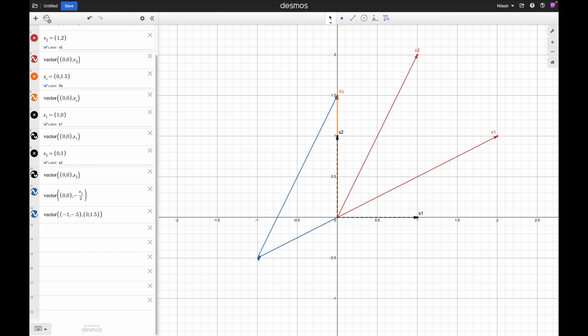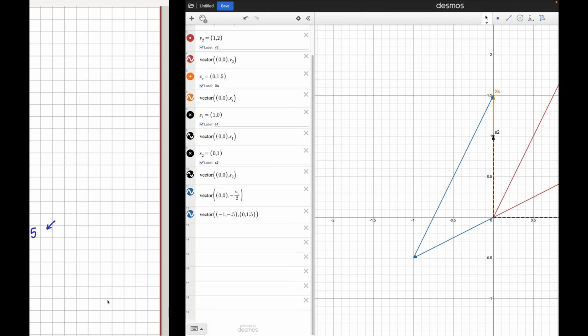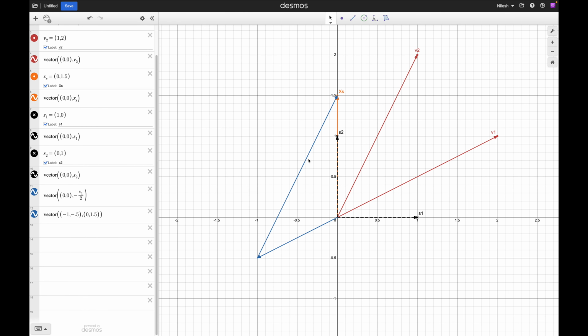And why do we do that? That's because if we want to perform addition, which we do here, minus 0.5 v1 plus 1 times v2, to perform that vector addition, we need to have the tail of vector v2 on the head of vector v1.